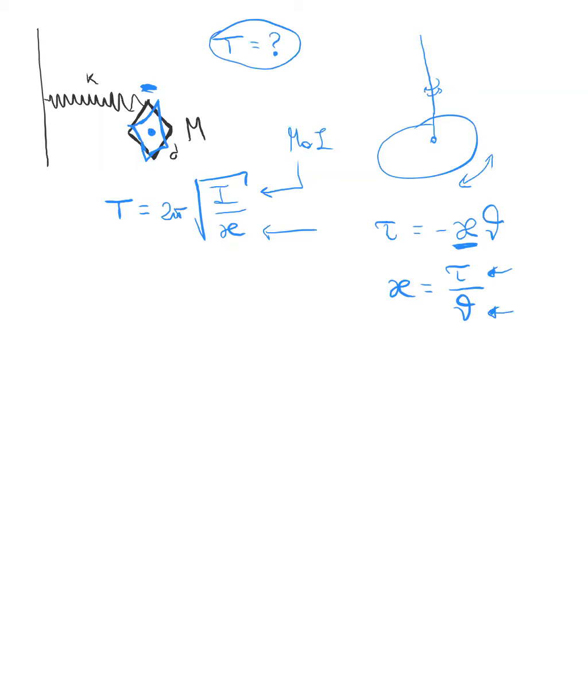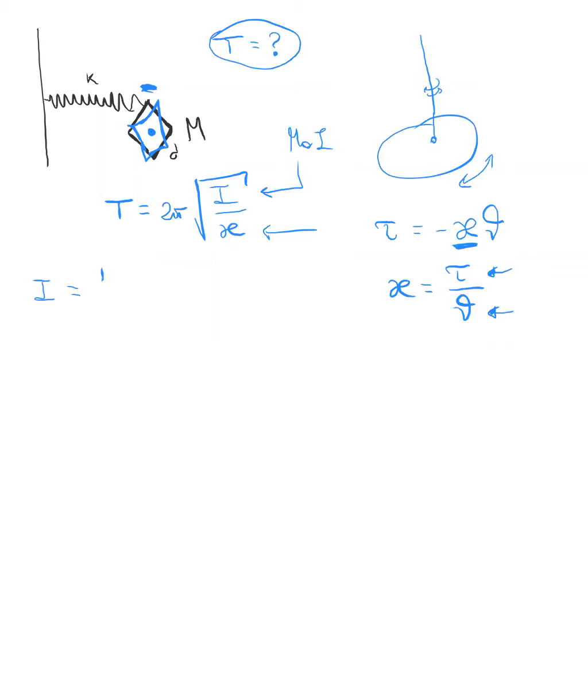Let me start with the moment of inertia, because that's simple. Moment of inertia of a cube. I will look it up in a table, and the table tells me that if I have a cube, and if the pivot point is exactly in the middle, then I have a moment of inertia of 1/6 of mass times the side squared.